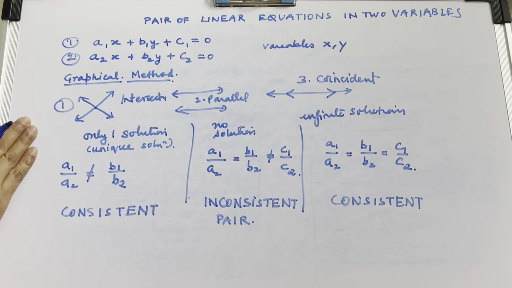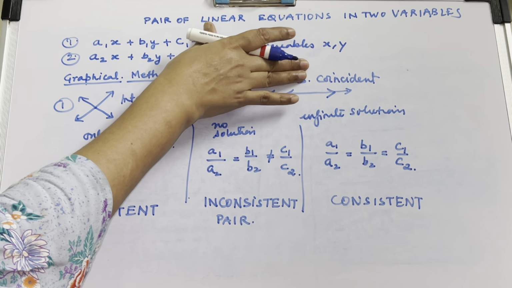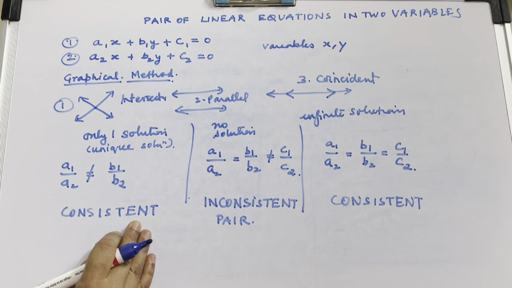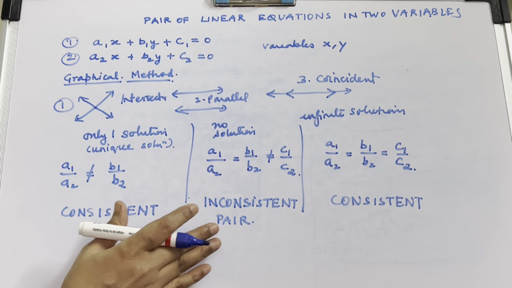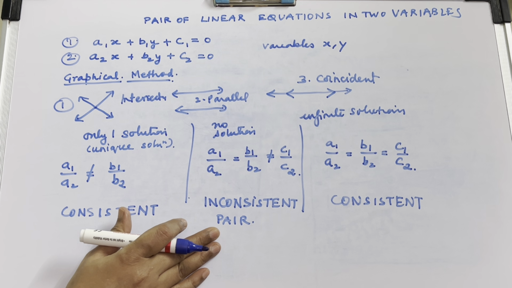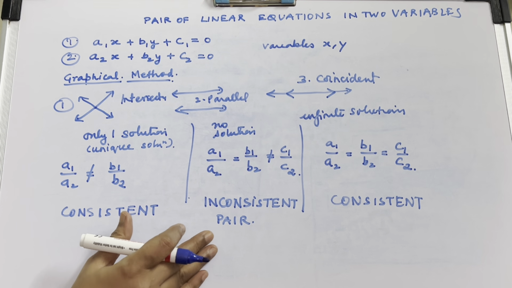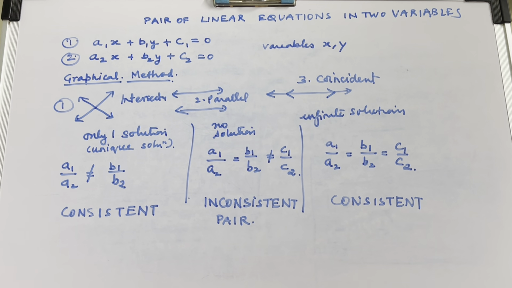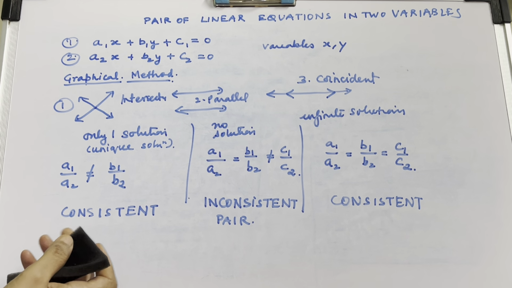So, intersecting and coincident lines come under consistent pair of equations, and parallel lines come under inconsistent pair of equations. Now we will do some examples related to this topic.